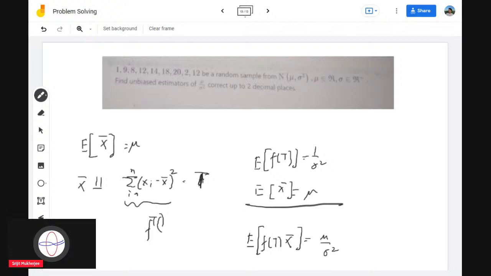Now, can you find such a t such that the expectation of f of t is 1 by sigma square? Nikhil, did you understand? Can you find such a t?